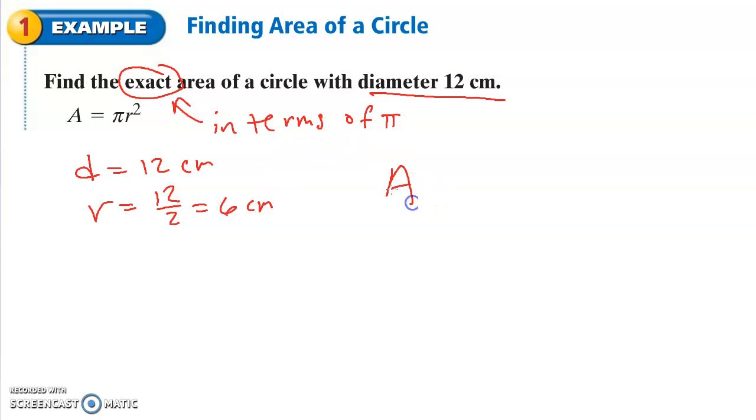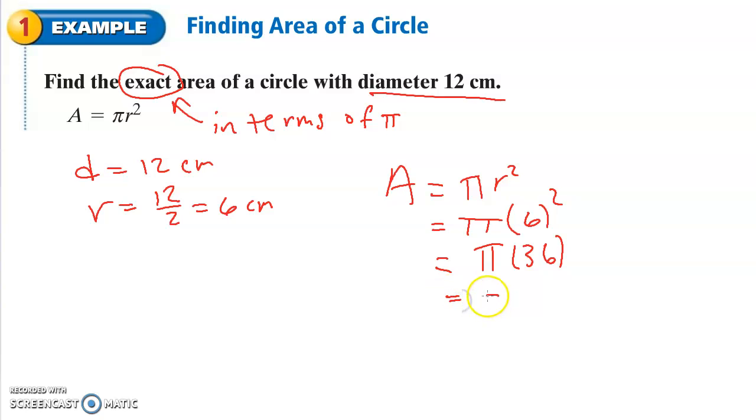So the area is equal to pi r squared, which is equal to pi times 6 squared, which is equal to pi times 36. And we're just going to leave this as our answer, 36 pi. And our units would be centimeters squared, because area is squared.